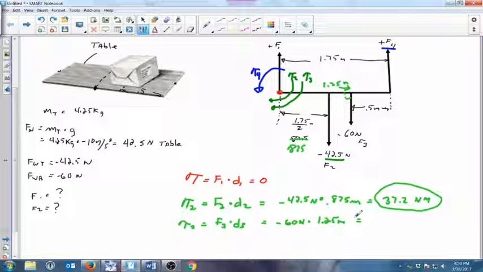My calculator says minus 60 times 1.25, clear, minus 60 times 1.25 gives me 75.6 as an answer. 75.6 newton meters. And again, this is another important value that we want to remember. Finally, we've got one more left.